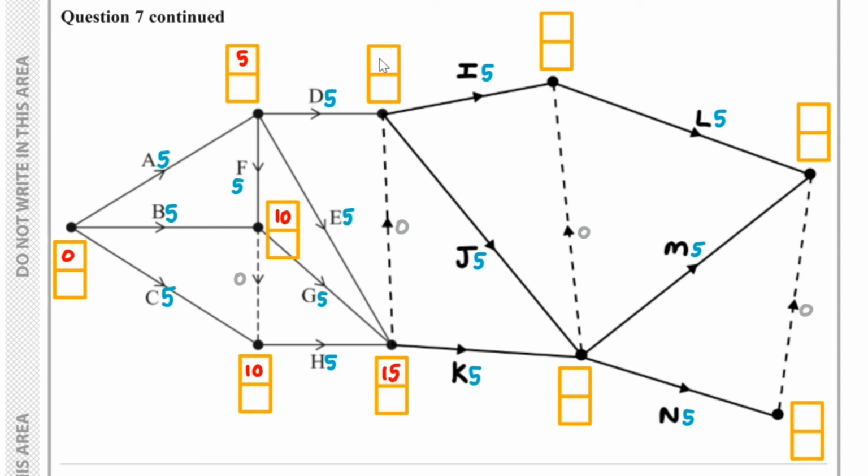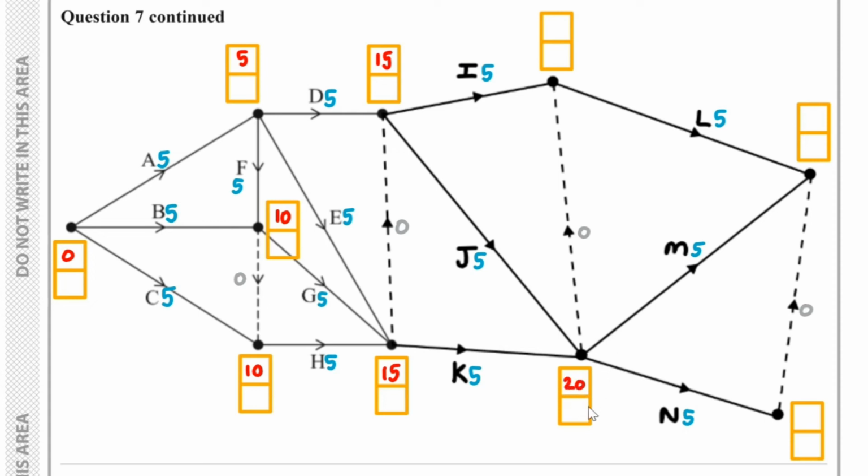And then here we would have 15, because I've got 15 plus 0, which is 15, which is bigger than the 5 plus the 5, which is 10. So straight away I can actually see that, well, we also need to do the backward pass as well before we do anything else. So here I've got 15 plus 5, which is 20. I've also got 20 going here.